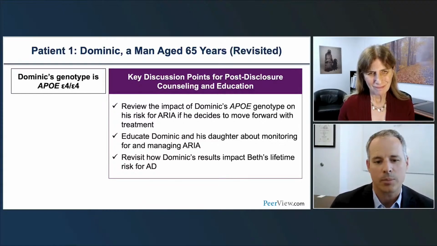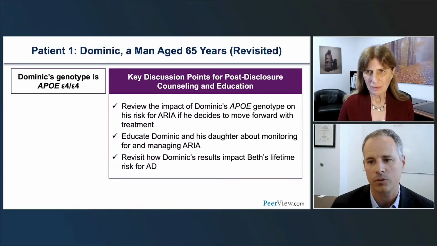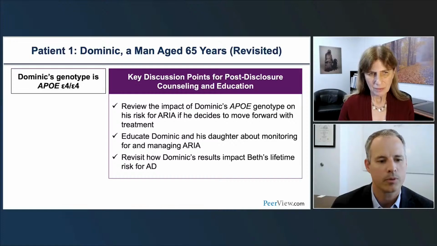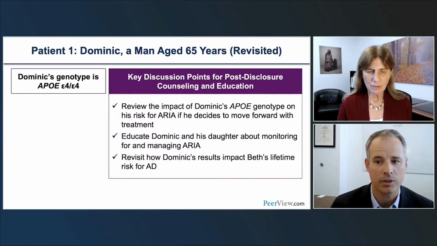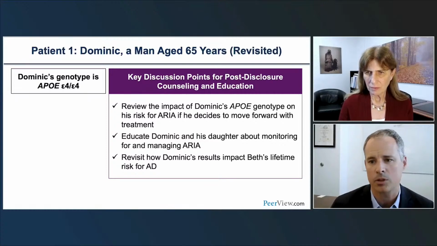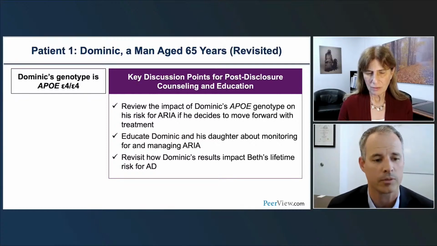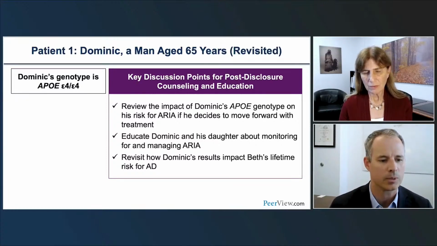How does this genotype impact his risk of ARIA? And is he going to decide to go forward? Obviously, you saw, depending on which therapy he chooses or is available to him, ApoE44 does increase his risk of ARIA. As you may have noticed, it did not seem to increase the risk of macrohemorrhage in the clinical trial, but the risk of symptomatic ARIA goes up significantly in ApoE44 individuals. This is a discussion that needs to be had.